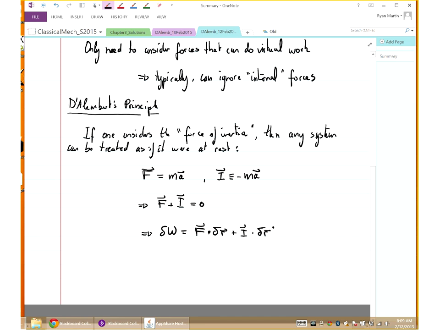And then we did quite a bit of mathematical manipulations to arrive at the result that d by dt of ∂T/∂q̇j minus ∂T/∂qj equals capital Qj, where this is true for all j. So there's one equation like this for each degree of freedom qj. T is the total kinetic energy of the system.